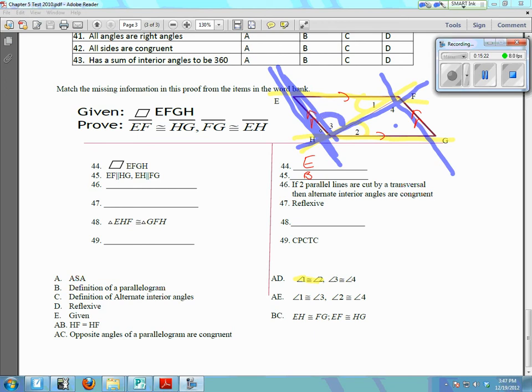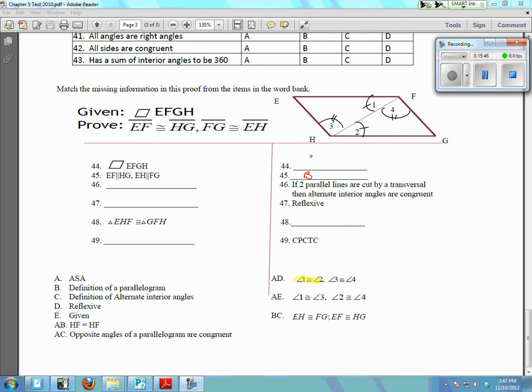You can see that angle 3 is congruent to angle 4. Apologize for that being sloppy. But 3 and 4 is right there. So we know that we want angle 1 congruent to angle 2, angle 3 congruent to angle 4.